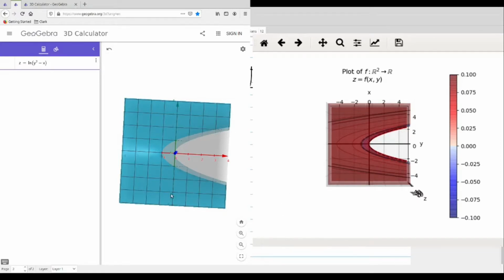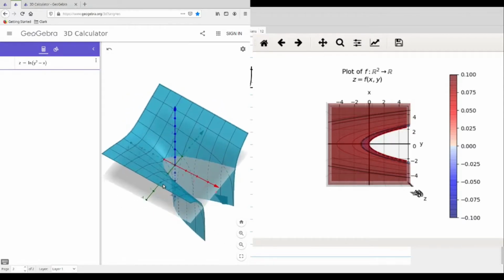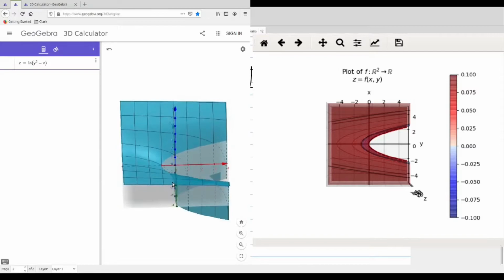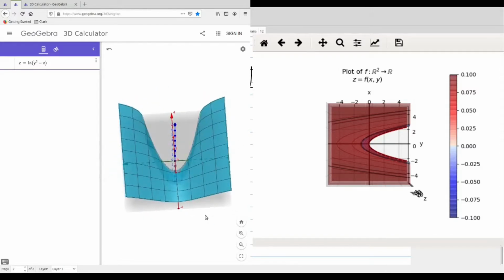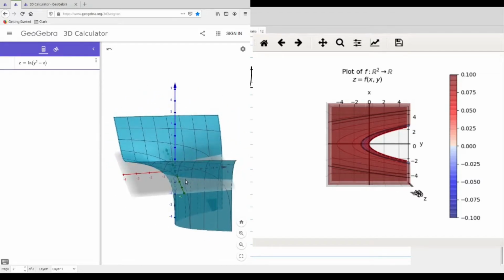You see that this function looks exactly like you might expect. It's like the natural log function, but on a parabola, it's behaving in exactly the same way as a natural log function, where it's going down to infinity as you get closer and closer to that parabola.